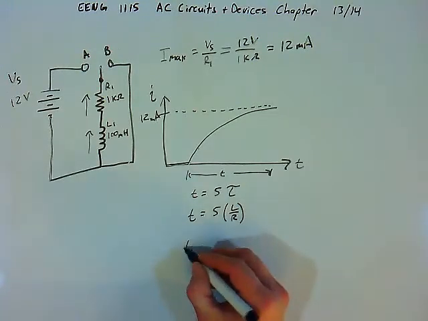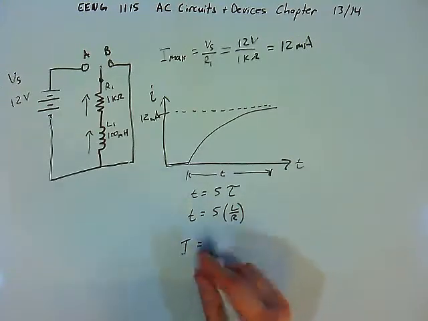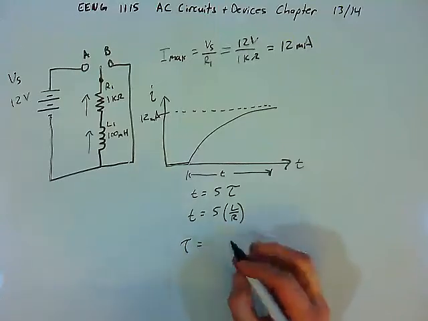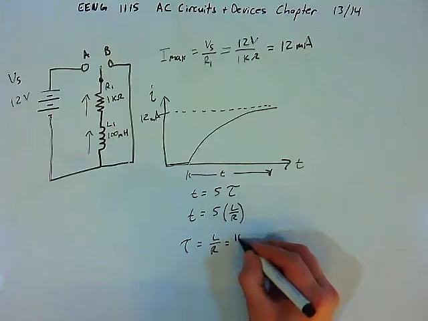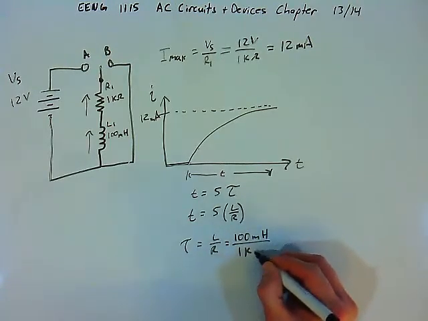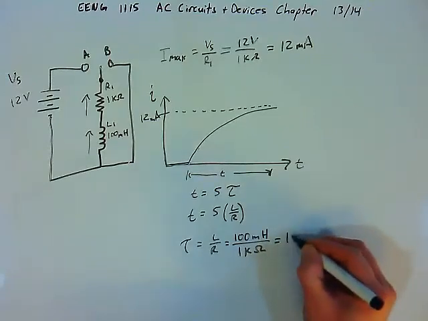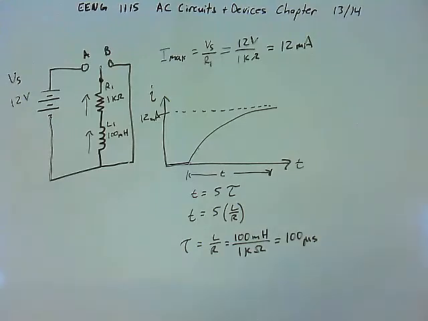And so in my example, tau is equal to L over R. L in my example is 100 millihenries. R is 1 kilo ohm. It's going to take 100 microseconds. One time constant, tau, is equal to 100 microseconds.